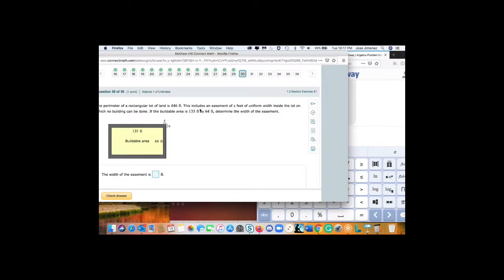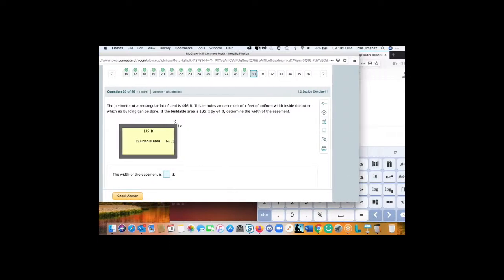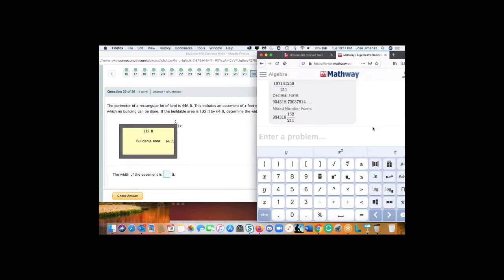And this one, we remember we start from the idea of the perimeter. So we say the perimeter is equal to 2 times the length plus 2 times the width. So here we say perimeter is 446 equal 2 times the length.